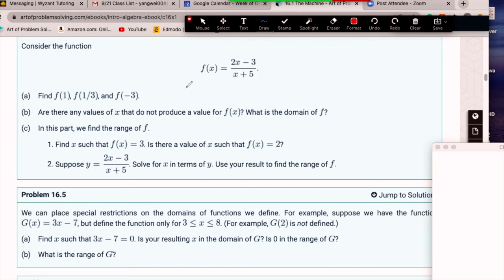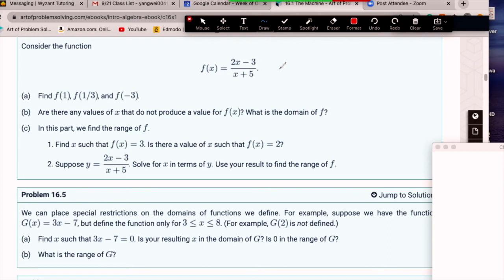Polynomial functions, like linear functions and quadratic functions, look like ax to the power n plus bx to the power n minus 1 and so on. Quadratic and linear functions all belong to the polynomial functions. But this one is not. Here you divide one polynomial function by another, so this will not be a polynomial function at all.